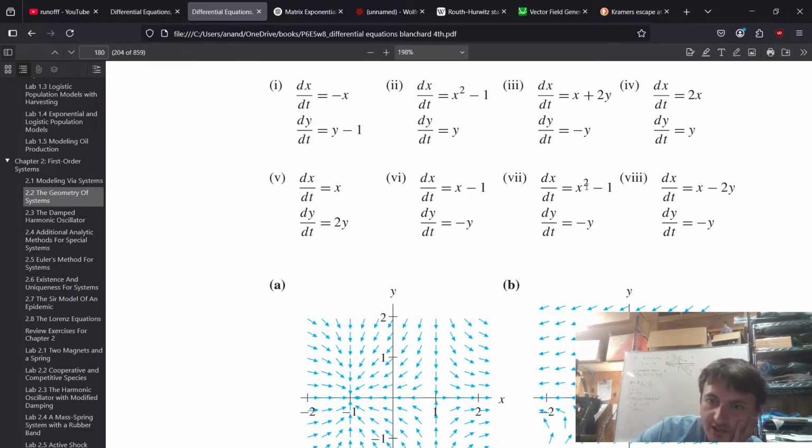So for 11, it could also be this one, but the reason we know it's not this one is that if we were at x equal to 0, y equal to 1, we would see it going up. And similarly, if we were at x equal to 1, dx would be 0, but if y was anything, it would start growing away. But the arrows point in.